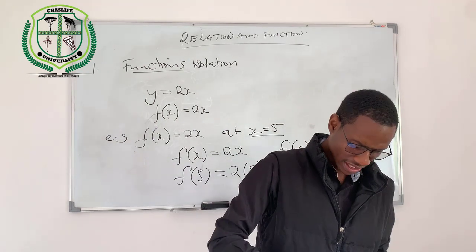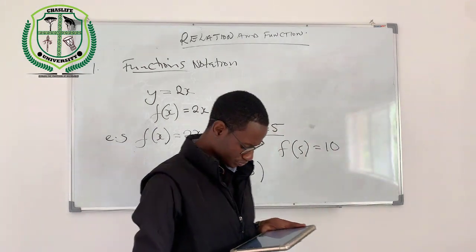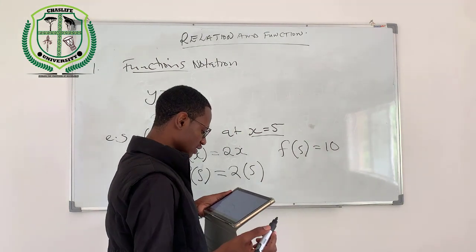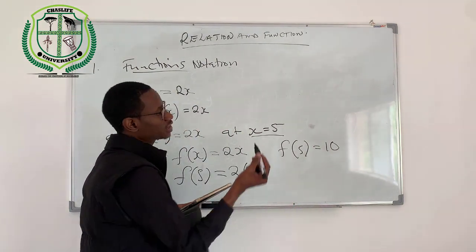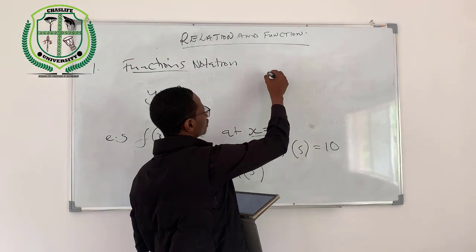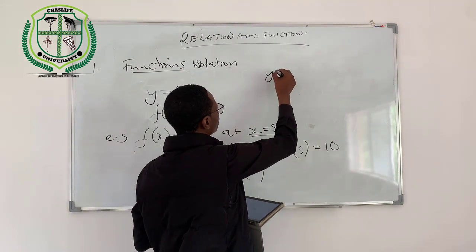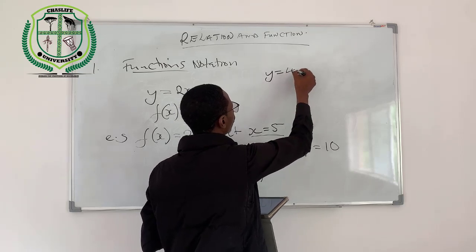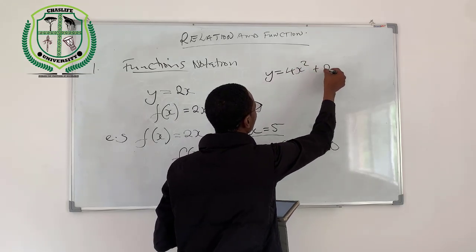So for example, we can give you an illustration. We can say y is equal to maybe 4x squared plus 2.